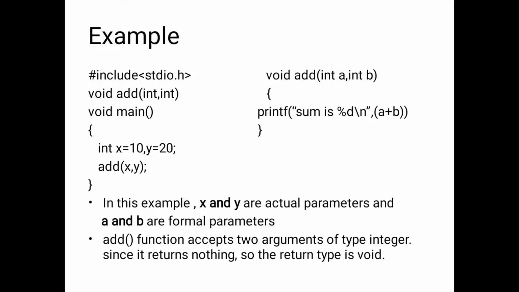So add is a function which accepts two arguments of type integer, because here we take int, so it accepts two integer type data. Since it returns nothing, the return type is void. So here I am using void, and since I used void, it doesn't return any value. So you are not using the return type.